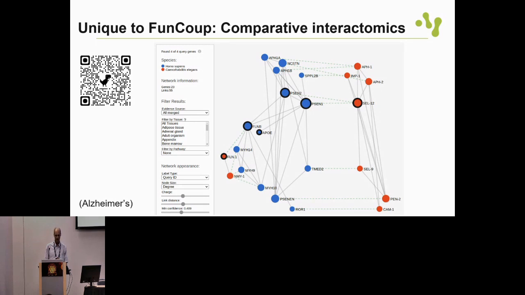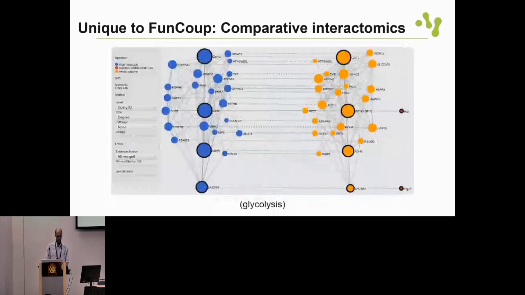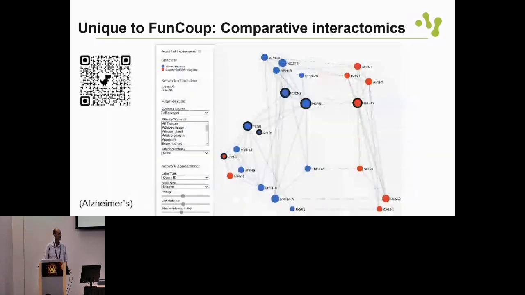In particular, if you look at this square configuration here, where you have PSEN1 and cell 12, the orthologs, and they interact with TMED2 and cell 9, indicating that that part of the pathway is conserved between human and C. elegans.